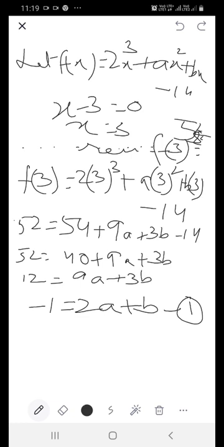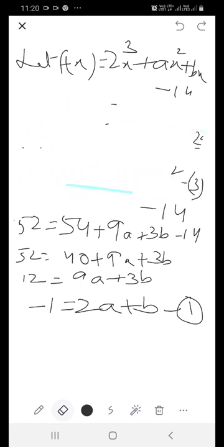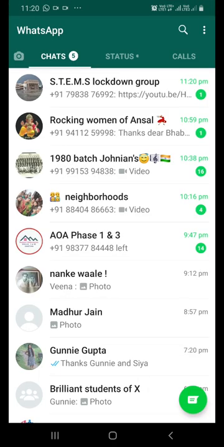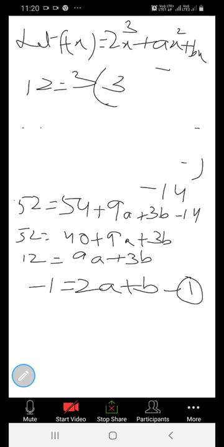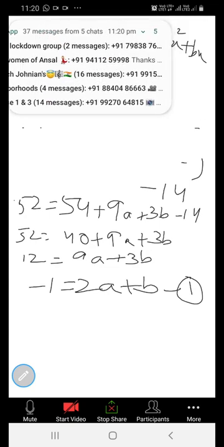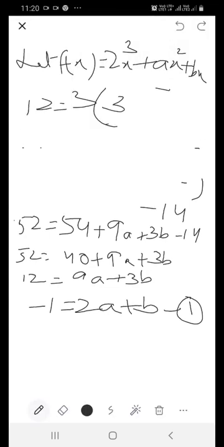And if I take 3 common, it will be 12 is equal to 3 times 3a plus b.